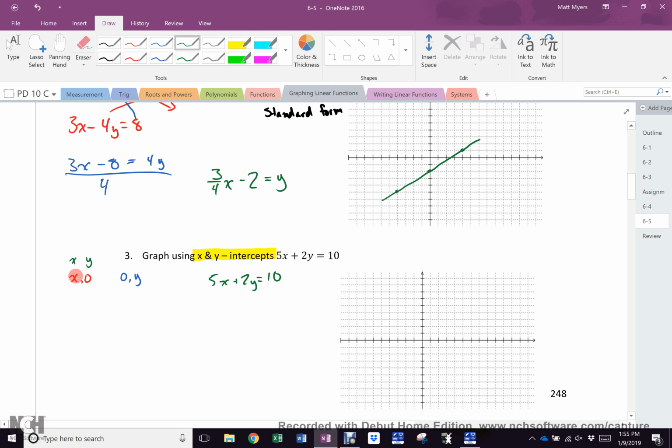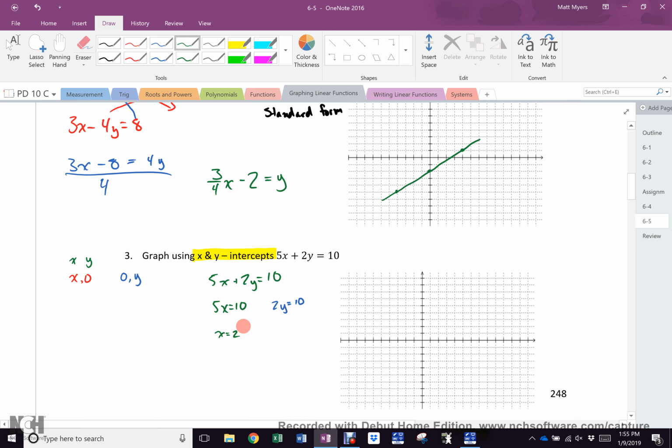Now, if I want the x-intercept, which of those two is disappearing? Why does the y disappear? Because 0 in there will make that 0. And I will be left with 5x equals 10. What if I want the y-intercept? Then the 5x will disappear, and I will have 2y equals 10. What is the x-intercept? 2.